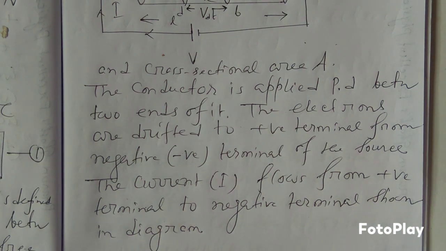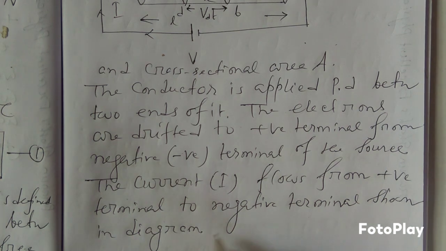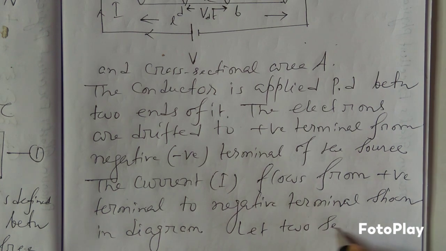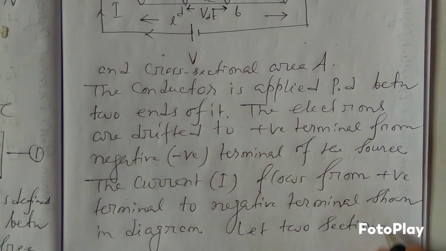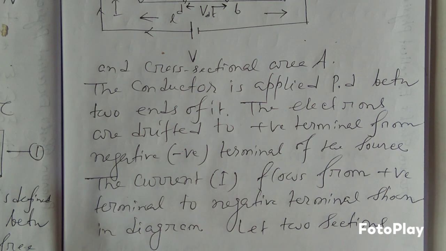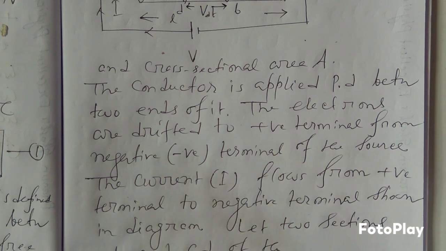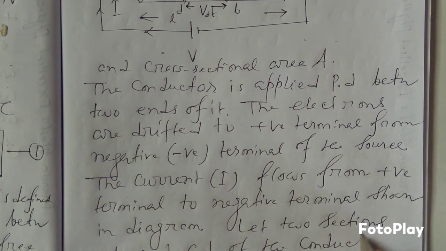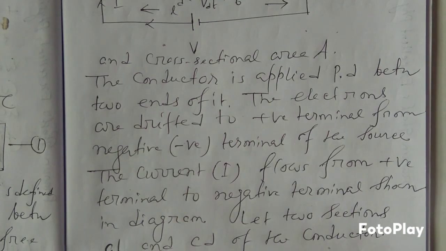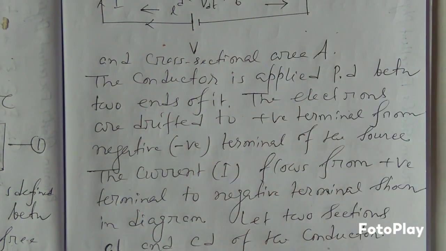So let there be two sections, AB and CD, of the conductor. This is AB.